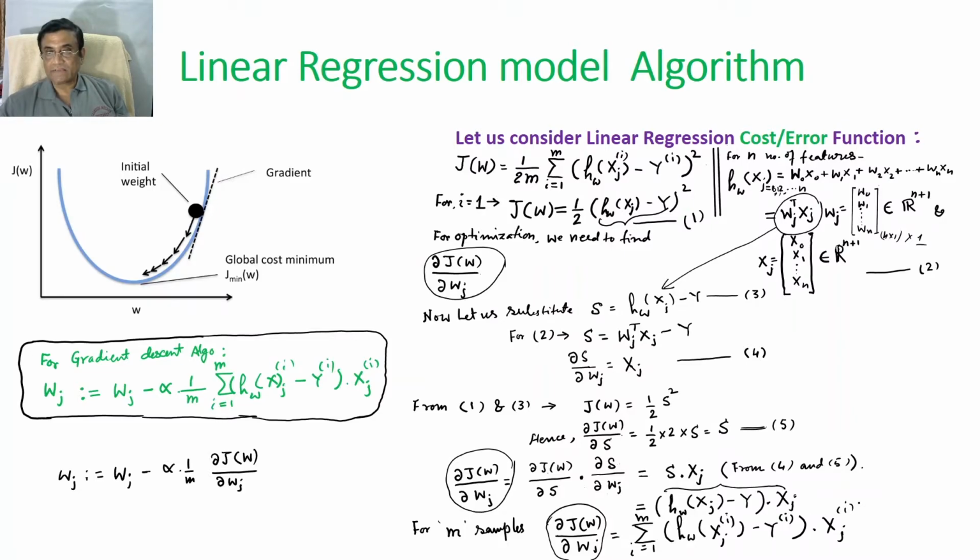So these i are actually samples, i equal to 1 to m, the number of samples, and j is actually the feature, j equals 0, 1, 2, up to n for n number of features, right?